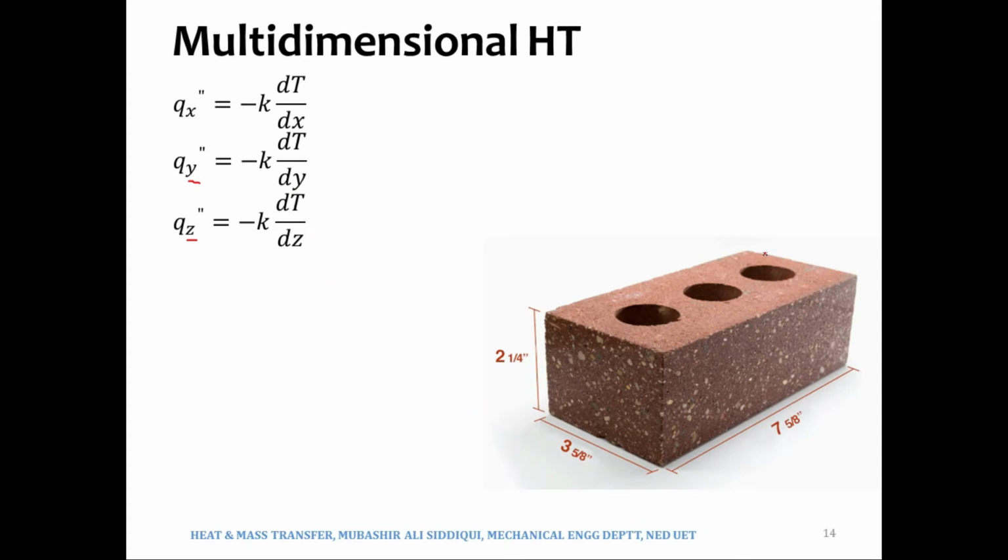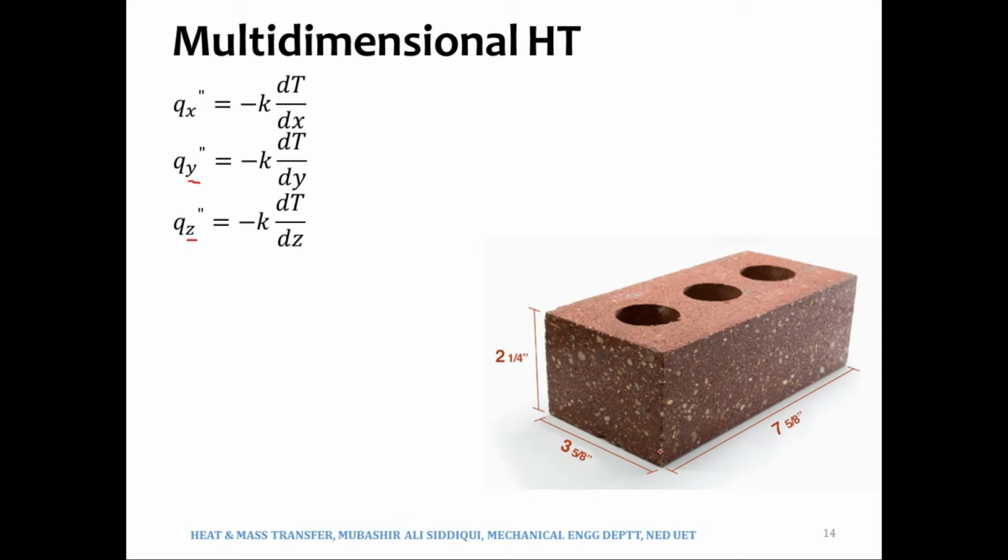Now consider this block, or a box, or a wall. In fact, this is a plane wall because it has the three dimensions x, y, and z. Let's consider this dimension, which is 7, as x, this length, which is 3, as the y direction, and this height, which is 2, as the z axis.